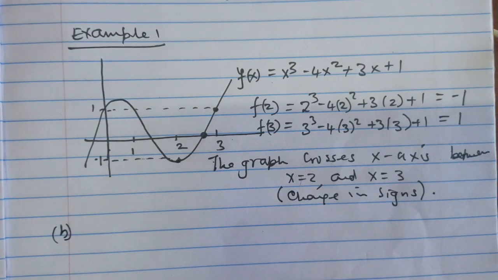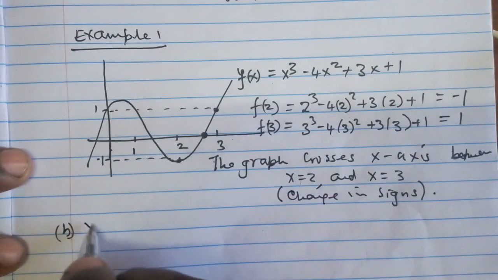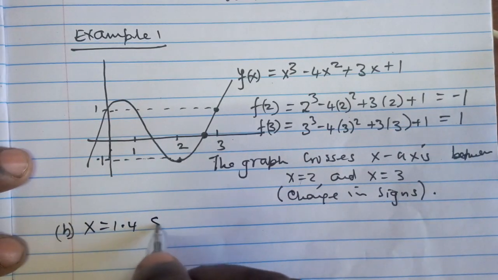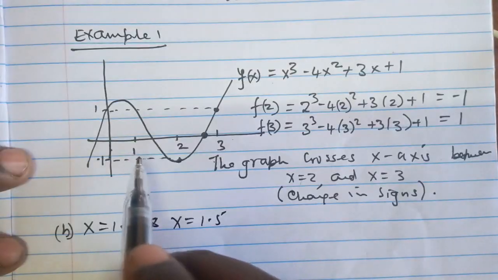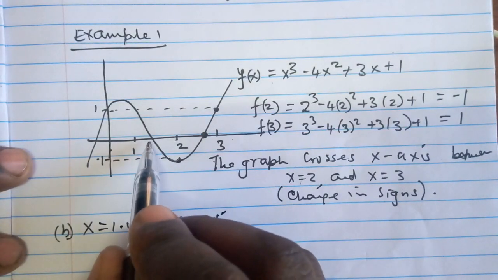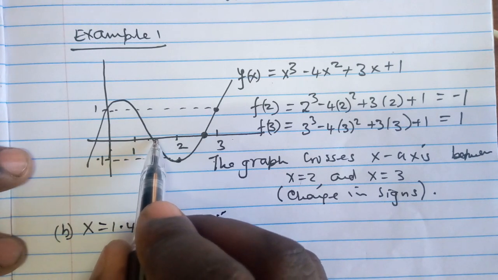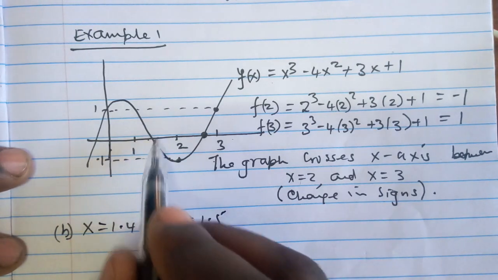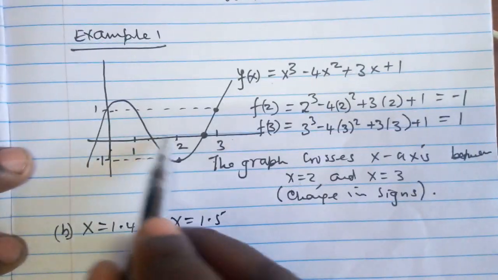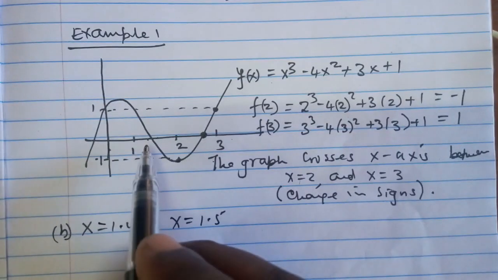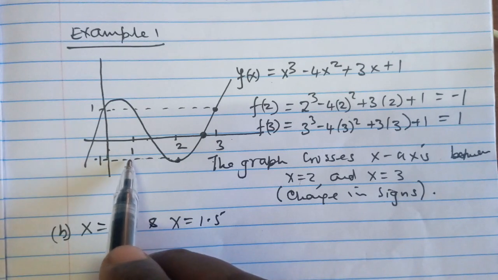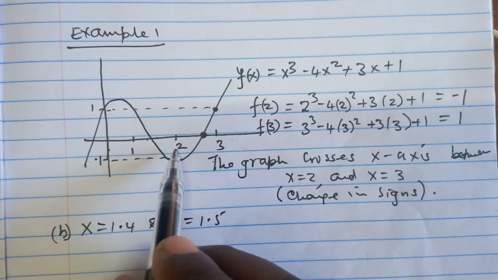Part B of the question: show that f(x) has a root between x equals 1.4 and x equals 1.5. It's very hard to tell from this graph, but you can obviously see that there is another root between x equals 1 and x equals 2.